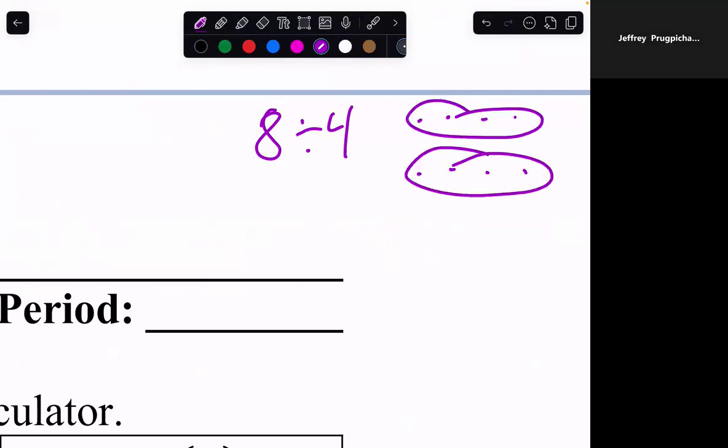Okay, so it takes 2 bags to account for all 8 objects, right? So that's why the answer is 2. Okay, but if you try 8 divided by 0, right? You've got 8 objects, but each bag fits 0. So you're never actually using up the objects, right? So you're never going to get an answer. So yeah, it doesn't really make any sense to divide by 0.